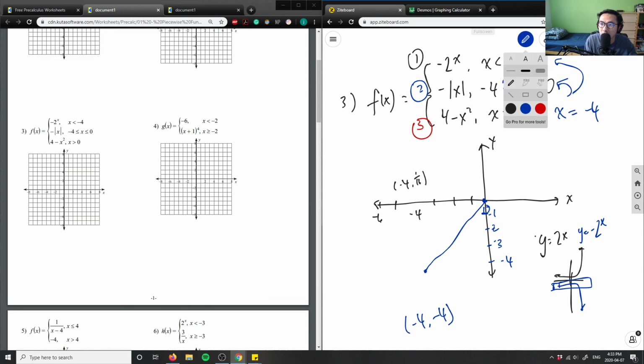I'll redraw it, but I just erased one point here. It's actually going to be a hole here, and it's going to have a jump discontinuity to -4, because -4 in the second part of the function, the absolute value of x, encompasses -4 here. So this is my point, right? Because if I plugged in -4, I'm going to follow the second rule here. So that's awesome. I have my second part done.